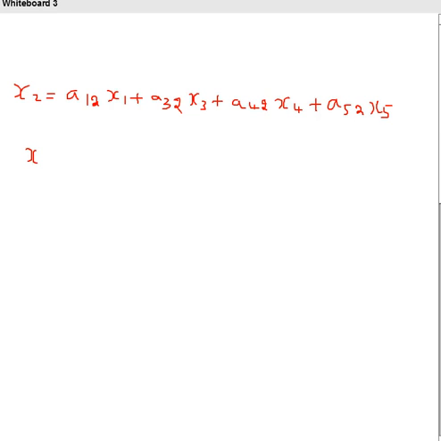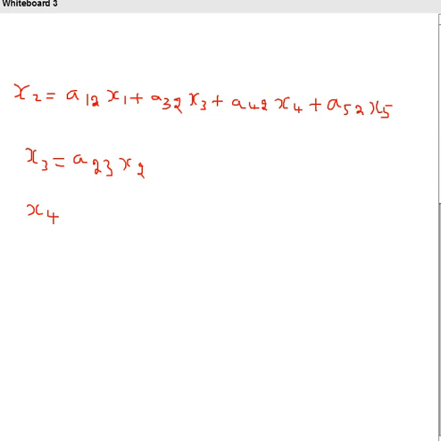Next, second equation, x3 is equal to a23 x2.